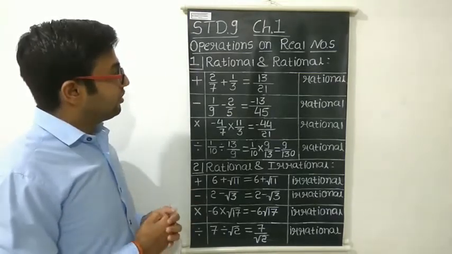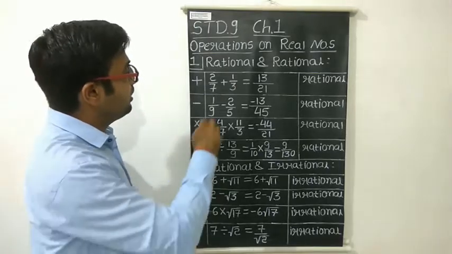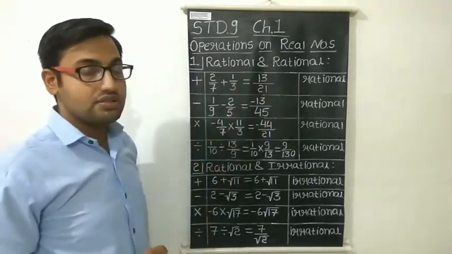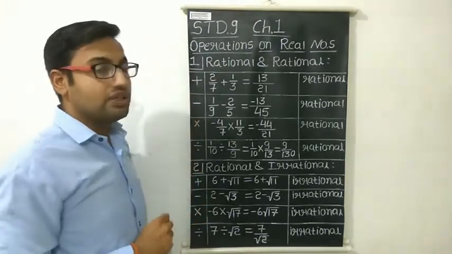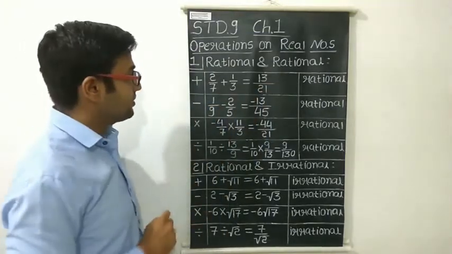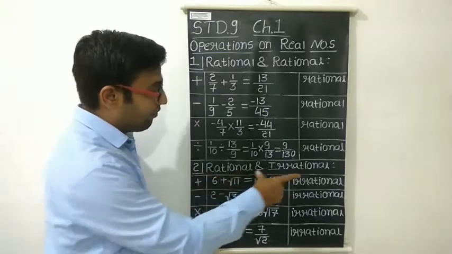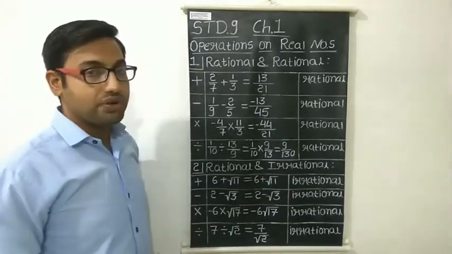So we will discuss three cases here. In first case we will take rational and rational. That means we will apply four basic operations between two rational numbers. Right? This is the first case. In second case we will take one rational number and one irrational number and then apply four basic operations.